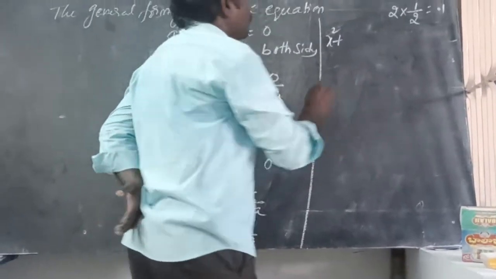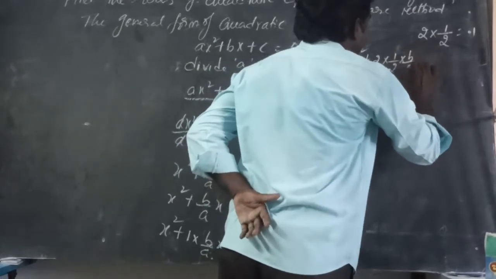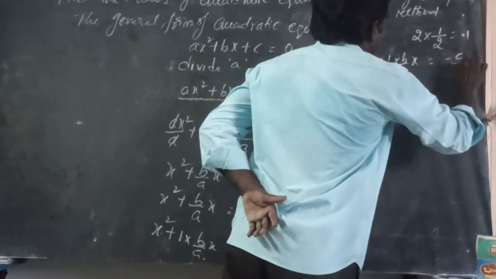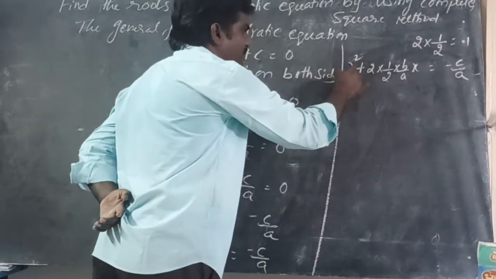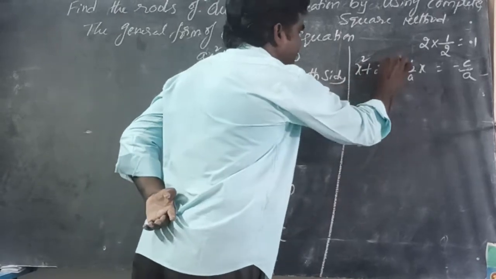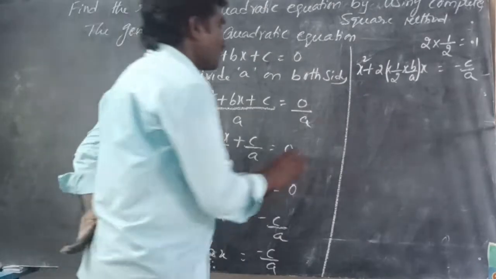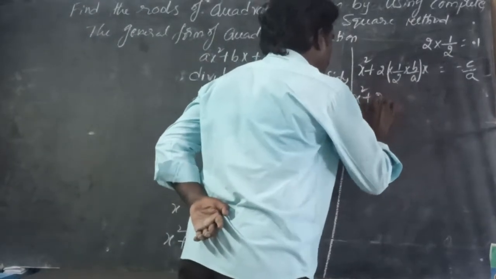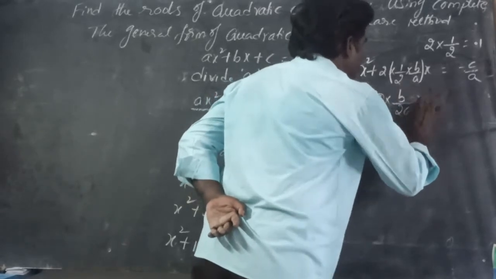So in the place of 1 we can write 2 into 1 by 2 into b by a into x is equal to minus c by a. The first term is square form, the next term is 2ab form, 2 times something. So how can we write this? x square plus 2 into 1 into b, 2 into a, 2a into x.